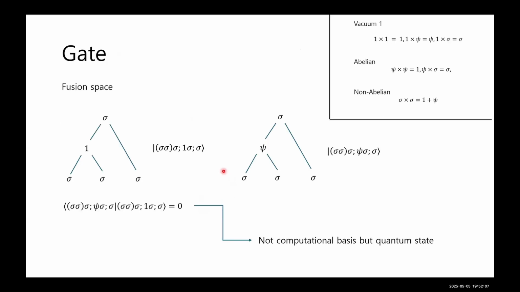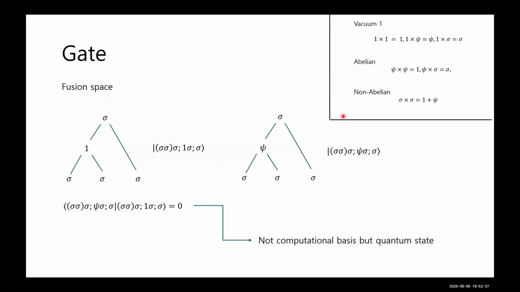So let's see a gate first. To make a gate, we have to define the quantum state first, because gate is nothing but a change of the quantum state. So we can define gate by these fusion states, sigma sigma, and if the result is going to be sigma, we can define two fusion steps.